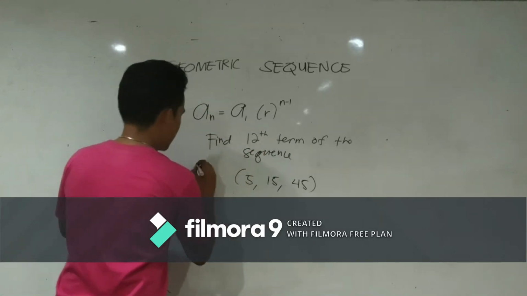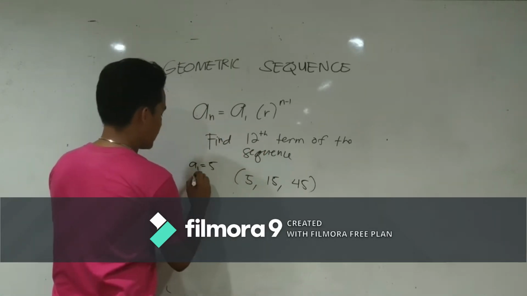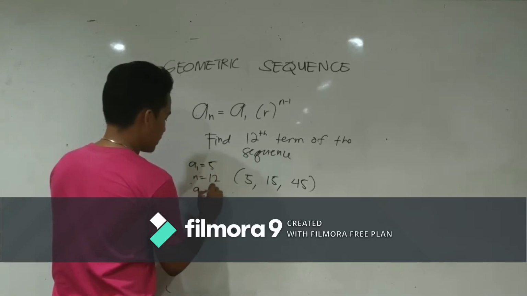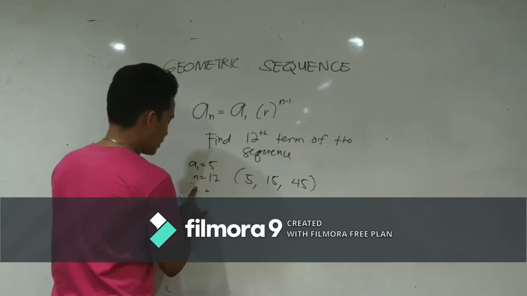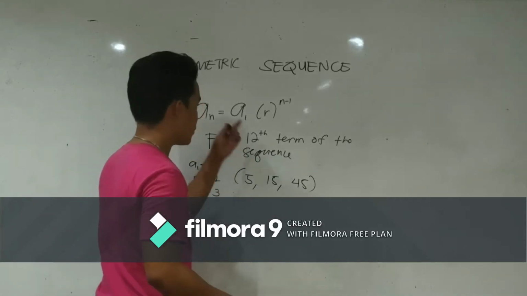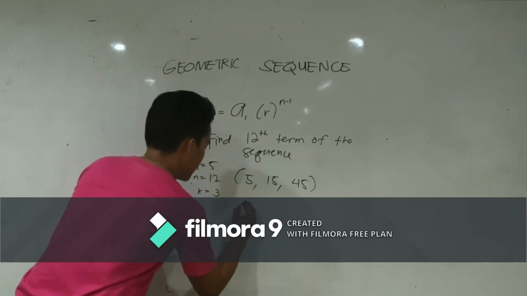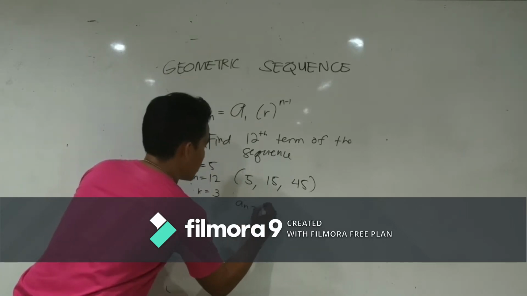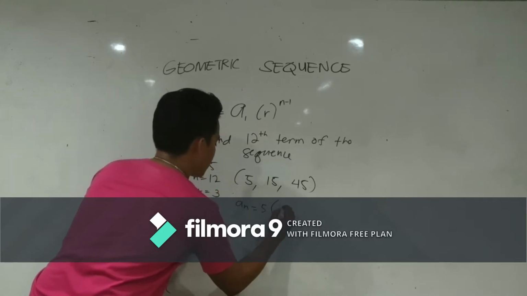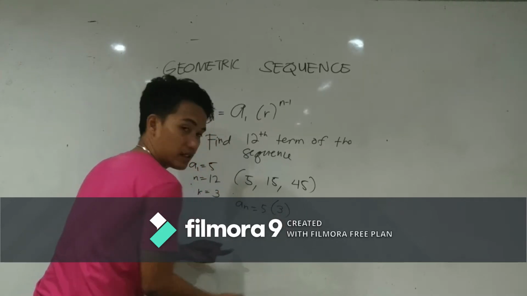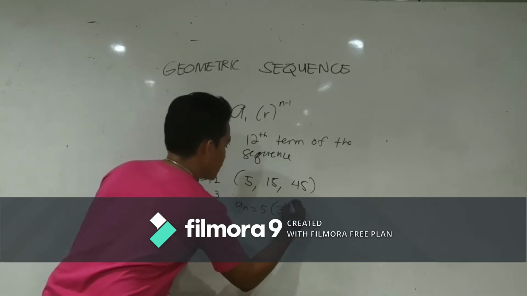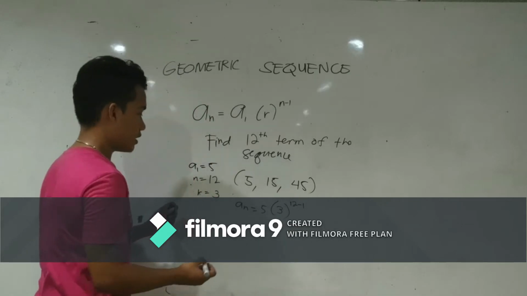Now, a sub 1 is 5, our n is 12, and the ratio is 3. Now we can solve this through the formula. a sub n is equal to the first term 5 times the ratio 3 raised to the power of n, which is 12, minus 1.